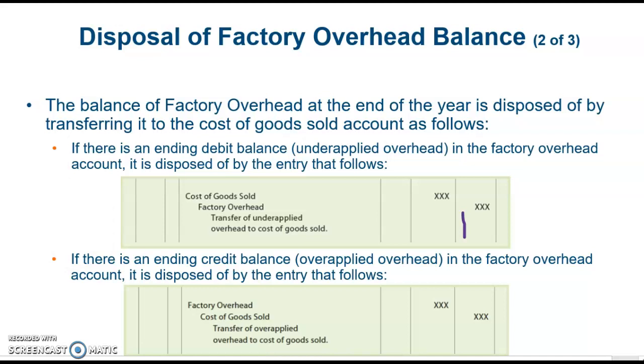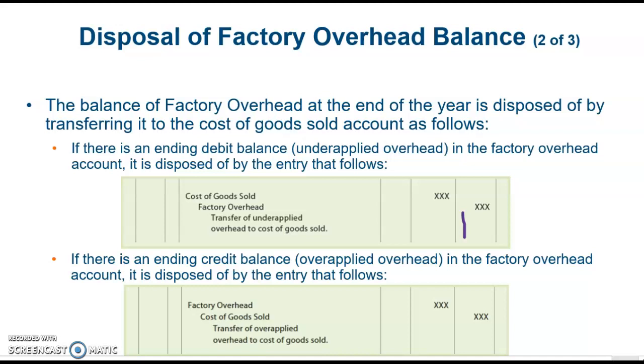If we have under applied overhead, meaning that there's still some overhead sitting on the debit side, because that's actual overhead, then we're going to close that actual overhead into cost of goods sold, because we didn't apply all of it, so we still have some that needs to go along with our cost.